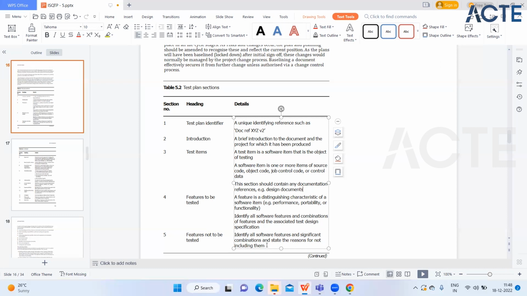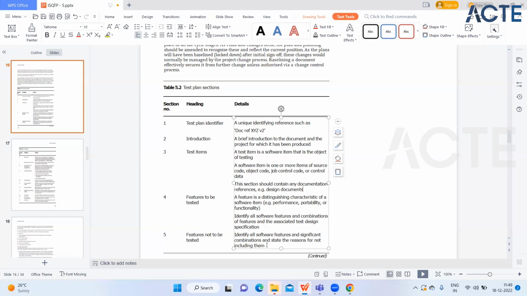So in features to be tested in the phase one document, you will define these features, and in the features not to be tested, you will define the reason as well. Like for example, we will consider in phase 2.